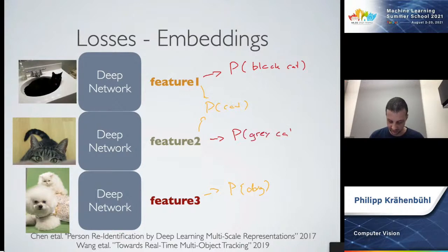This down here is the white dog. And if you optimize or learn this classification problem, just to identify individual instances, you will learn an embedding that is specific to an instance or to a specific kind of identity in an image.